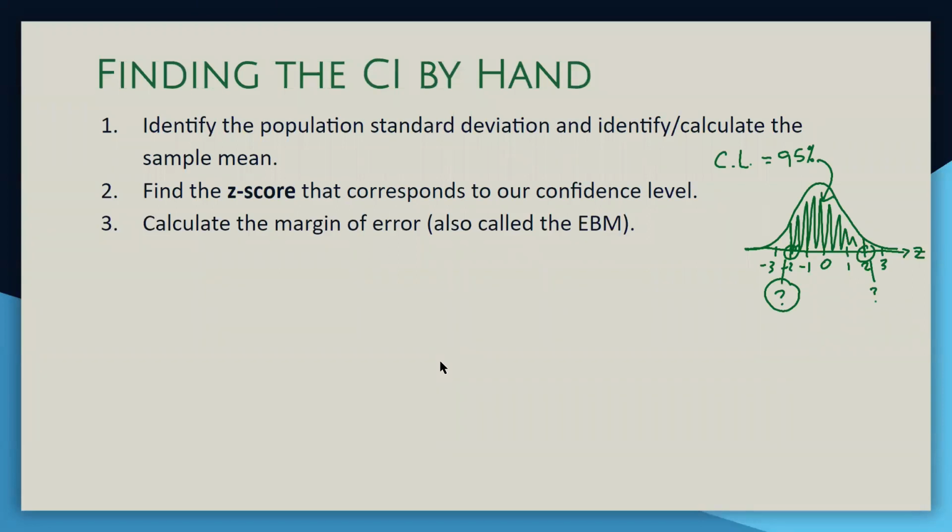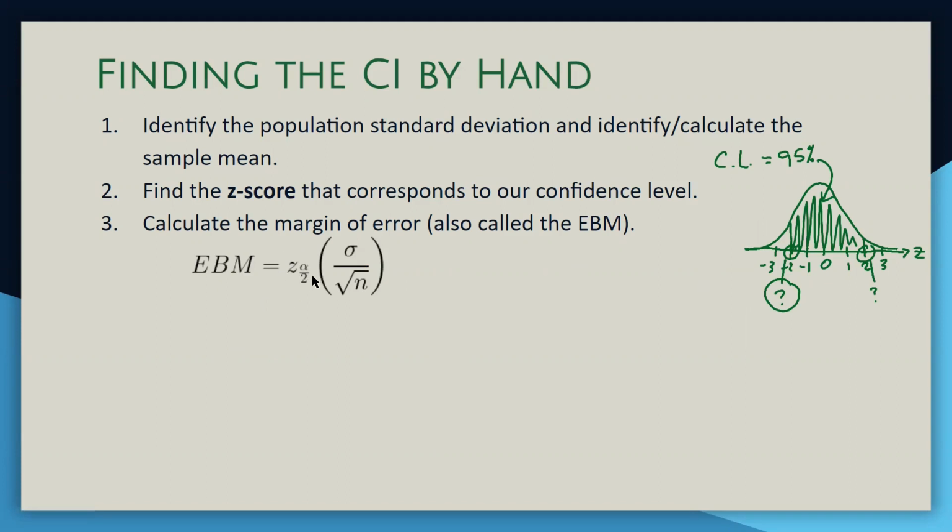Once we have that z-score that tells us where that confidence level falls in a standard normal distribution, we're going to use it to calculate the margin of error. You're going to see your textbook call that the EBM, the error bound for the mean. The formula for that is actually pretty familiar.